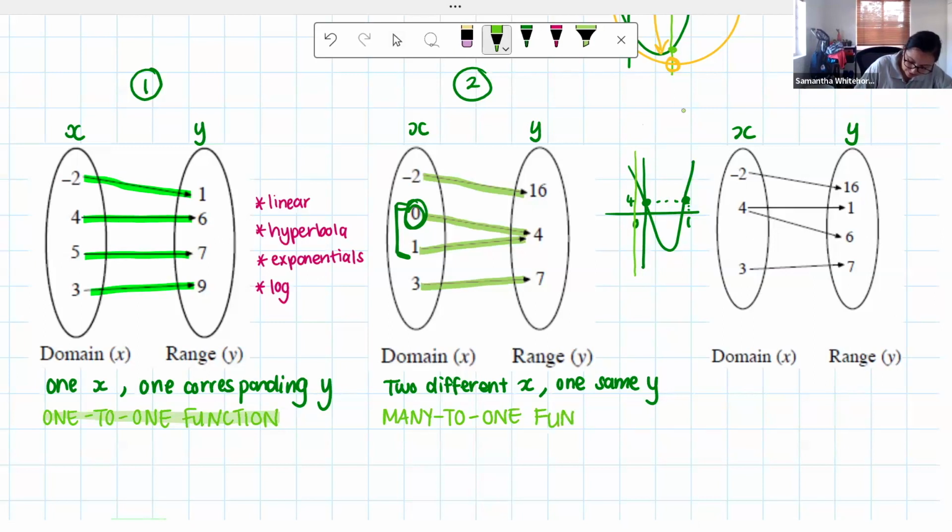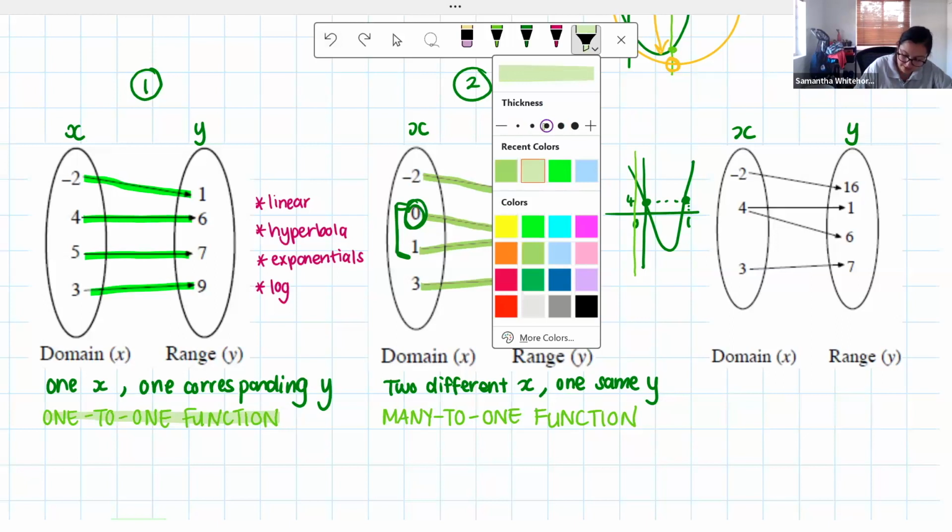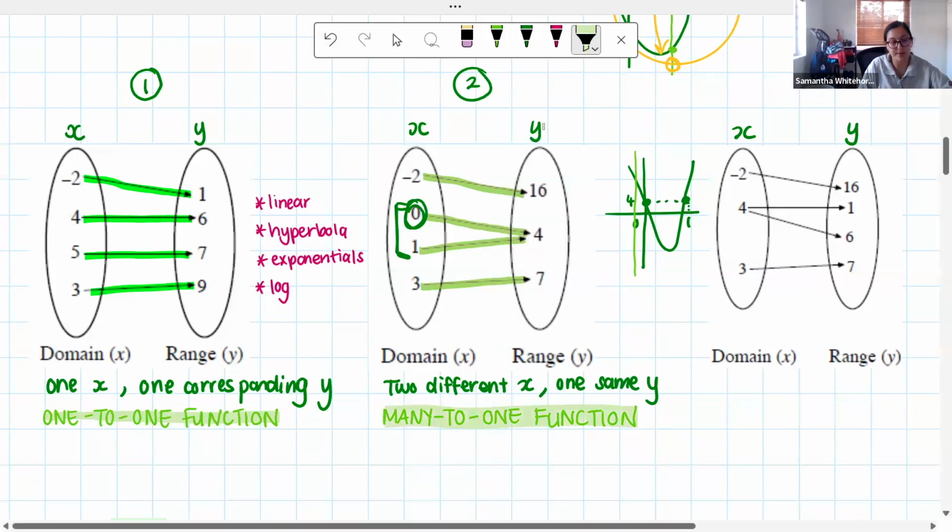If you think about it, many different x's have one output or the same output. Again, there's nothing wrong with that. We have got no issue with a many-to-one function. It still passes our vertical line test. And so we have a function that we can work with here.